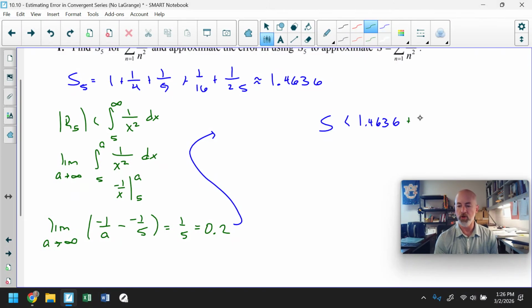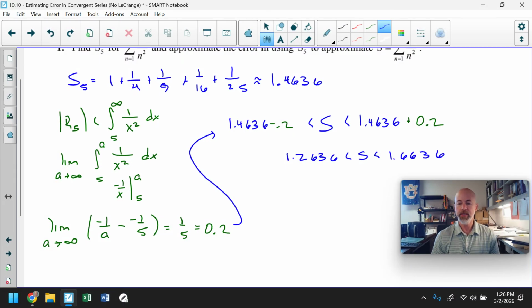So the largest the error can be is 0.2. And then I also know that the sum would be greater than my approximation minus that error. And so we can get that inequality down to 1.2636 is less than the sum of the actual series, which is less than 1.6636. And so now I have a window from 1.2 to 1.6.